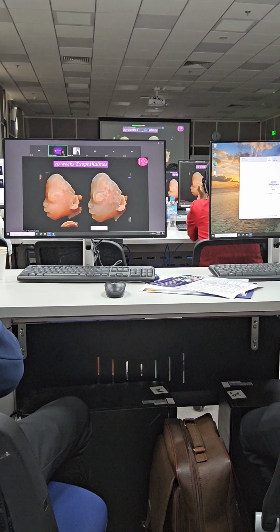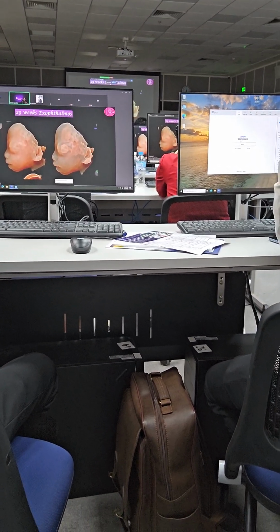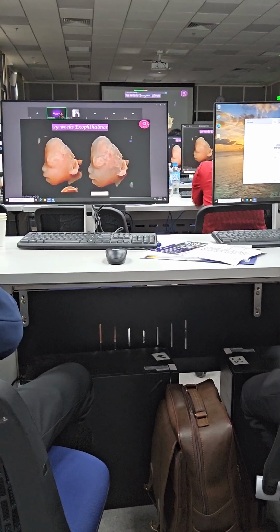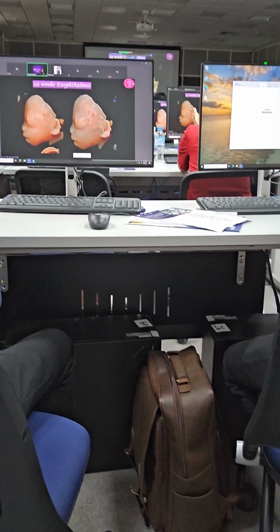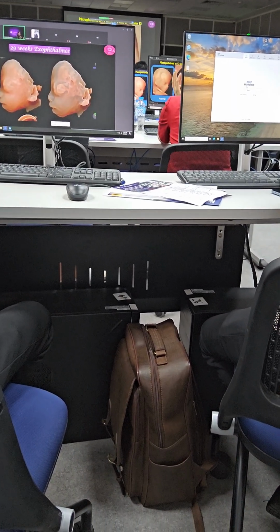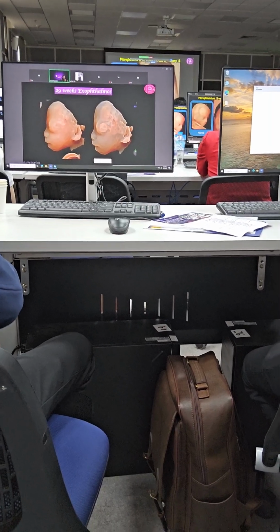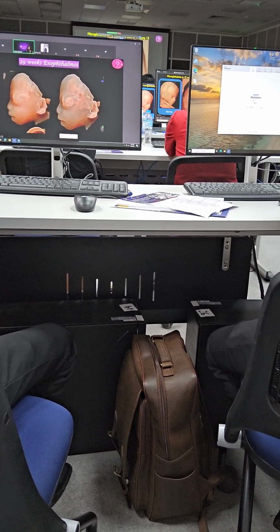Sometimes normal people have the exophthalmos, so you don't say that the exophthalmos is necessarily an abnormality or abnormal brain structure or something like that. Now this is another one. This is a normal face, and then here you can see this is a microphthalmia.